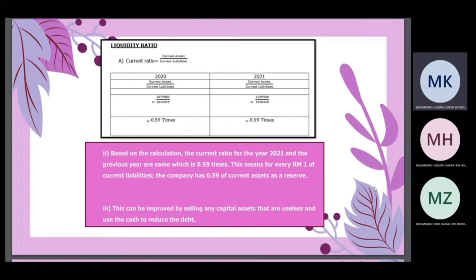That means, based on the calculation, the current ratio of 2021 and the previous year are the same, which is 0.59 times. This means for every RM1 of current liability, the company has 0.59 of current asset as a reserve. For the second point, this can be improved by selling capital assets that are useless and using the cash to reduce the debt. Next.